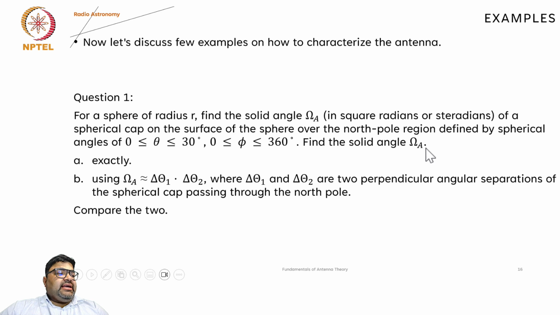Find the solid angle (A) exactly, and (B) using omega A equal to delta theta 1 times delta theta 2, where delta theta 1 and delta theta 2 are two perpendicular angular separations of the spherical cap passing through the North Pole. Compare between the two.